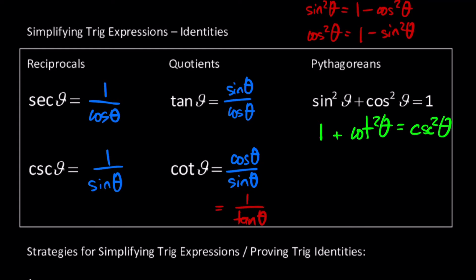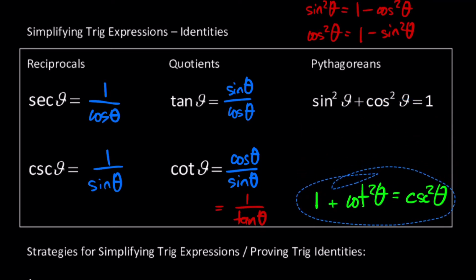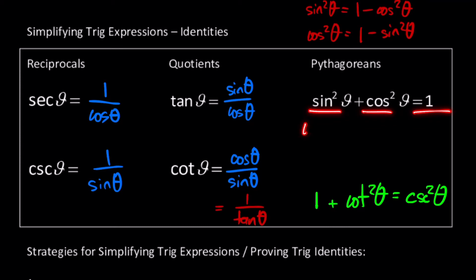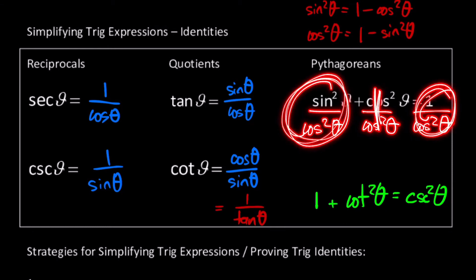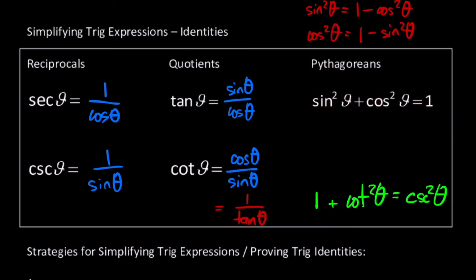The other one I can get by taking the original expression and dividing everything by cosine squared theta. This gets me tangent squared, that's a 1, and that gets me secant squared. So my other one would look like this: tangent squared theta plus 1 equals secant squared theta.